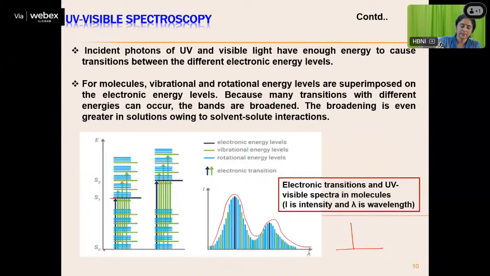This is because this transition is not necessarily from one electronic state to another electronic state. There are vibrational states. Here you can see, the blue color are rotational energy levels, green color are vibrational energy levels. So they also are present in between. So there can be transition from any of these levels. And therefore for molecular spectroscopy, you get a broad spectra, which is pictorially represented here.